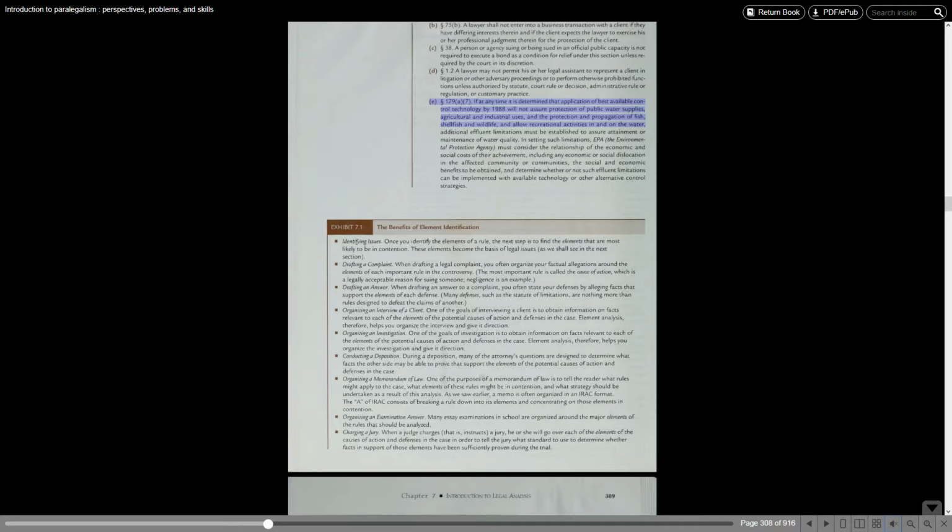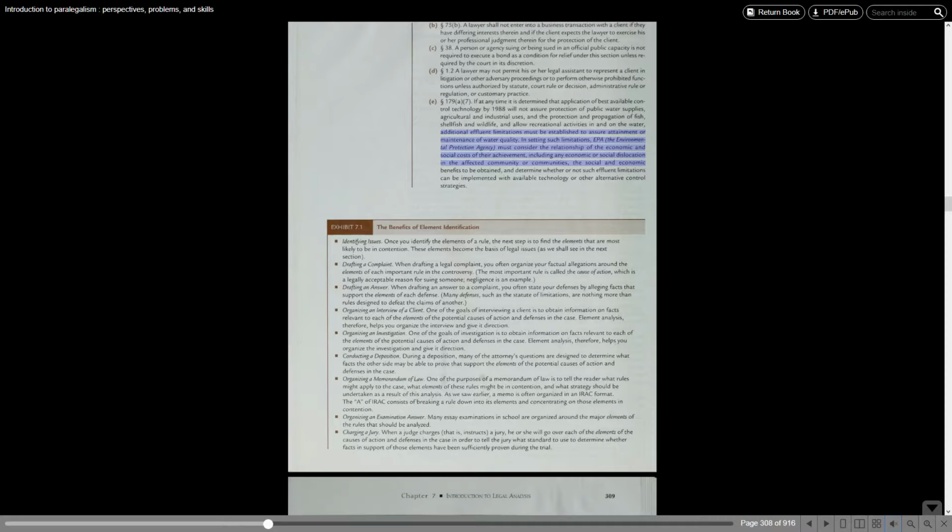If at any time it is determined that application of best available control technology by 1988 will not assure protection of public water supplies, agricultural and industrial uses, and the protection and propagation of fish, shellfish and wildlife, and allow recreational activities in and on the water, additional effluent limitations must be established to assure attainment or maintenance of water quality.